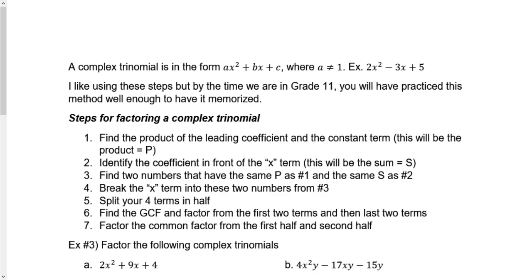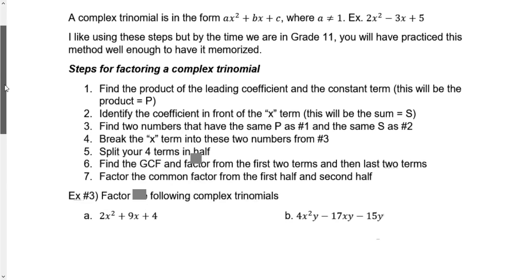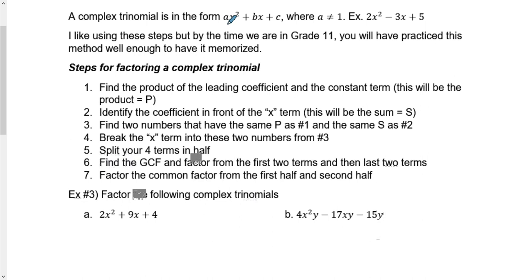Our next one we're going to talk about is our complex factoring. The only difference between simple and complex factoring is that, yes, it's still in the same standard form, but the a value is not equal to 1. For example, 2x squared subtract 3x add 5, and there is no greatest common factor that we can further take out.